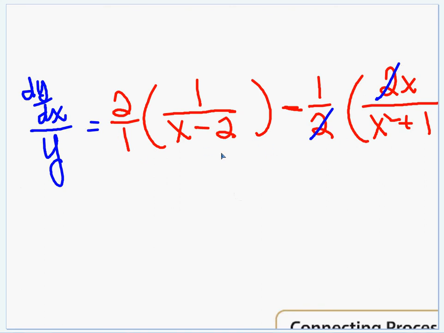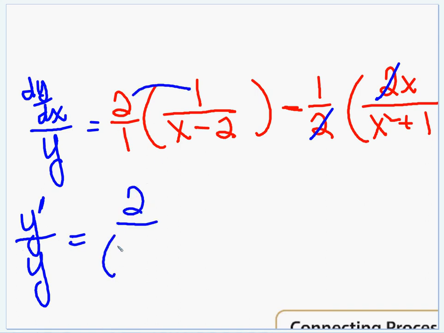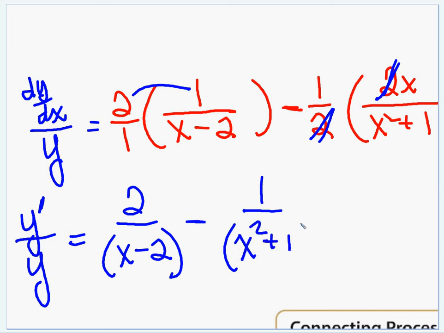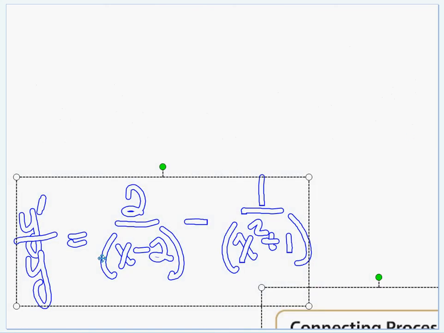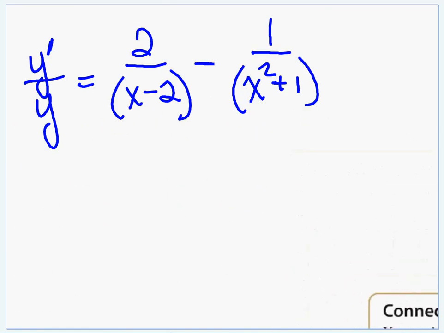Next step, let's get this to be one big fraction. Let's do a little more work here. I'm going to change that dy dx to a y prime just to make it a little easier to write. So let's see here, we're going to have a 2 on top over a quantity x minus 2. And after these 2's cancel, we have minus 1 over x squared plus 1. Okay, we are going to combine those into one beautiful fraction, and it doesn't look like it's going to be too bad.